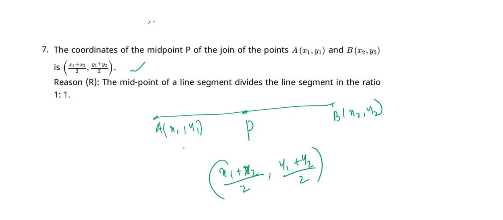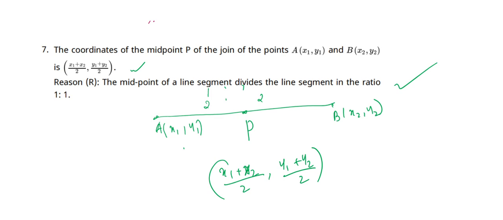The reason is: the midpoint of a line segment divides the line segment in the ratio 1:1. Yes, even if it is 2:2, the simplification is 1:1 only. 1:1, 2:2, 3:3, when we simplify, the ratio will be 1:1. So that is also correct.